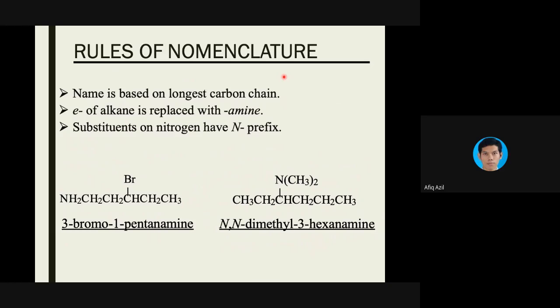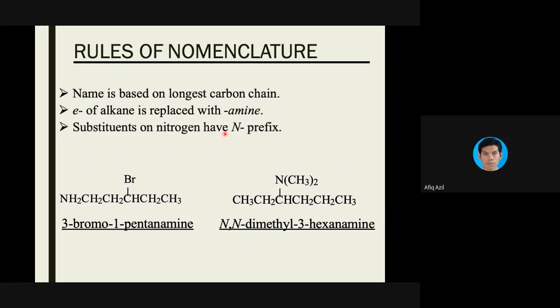So the rules of nomenclature, how they are named. They have to be selected based on the longest carbon chain. As usual, you select the longest carbon chain, and then the E of the alkane will be replaced with amine. This is another way in which you can name the compound.